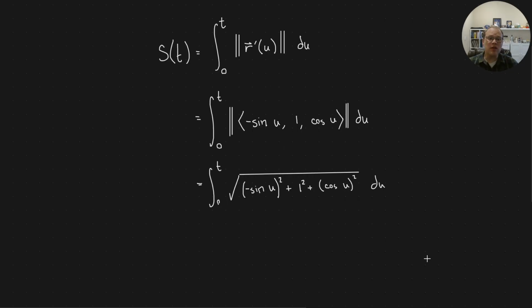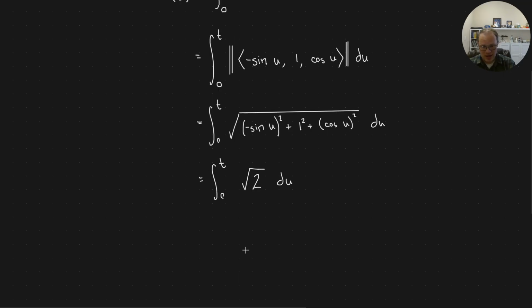Now in this particular case, the integrand is really nice because all the variables drop out. Generally, that doesn't have to happen. But in this case, because sine squared plus cosine squared is 1, all I get is square root of 2. Square root of 2 is just a constant, and it's really easy to take the antiderivative of a constant.